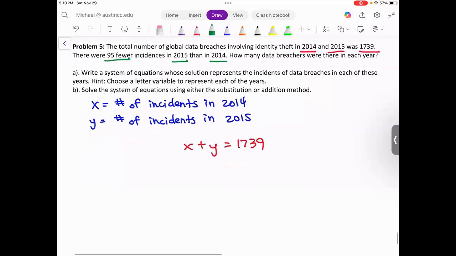So that means for 2015, we take our 2014 minus 95. There were fewer in 2015 than 2014, so we take our 2014 and subtract how many fewer there were. So now we have two equations.